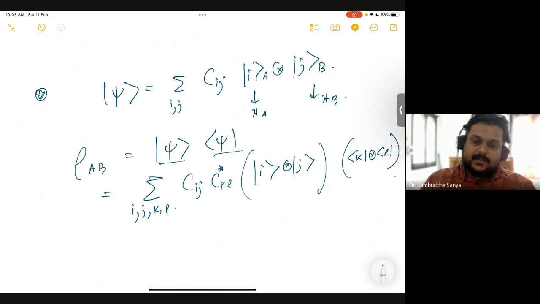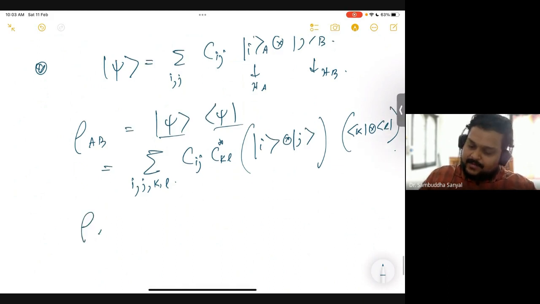Okay. Now you can write the rho_A part by tracing over the B part. What you have to do for that?